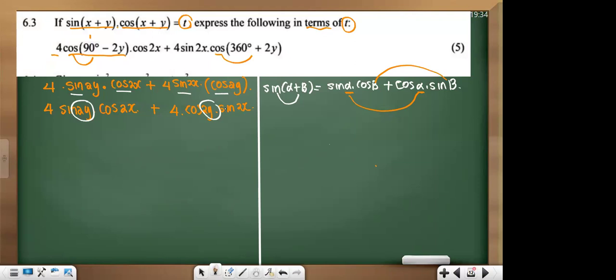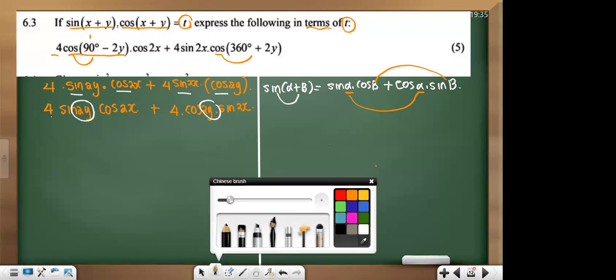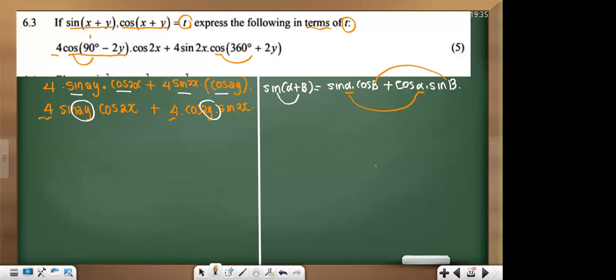All right, what do I have as a common factor? I have 4 here and 4 here, so I can take it as a common factor. So I'm gonna have 4 into sine 2y cos 2x plus cos 2y times sine 2x.